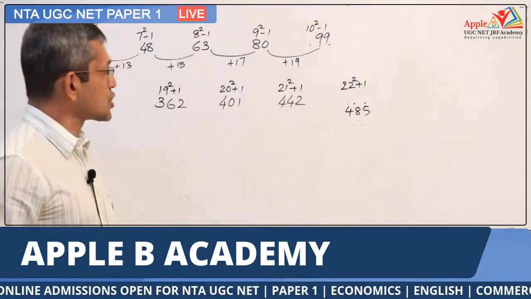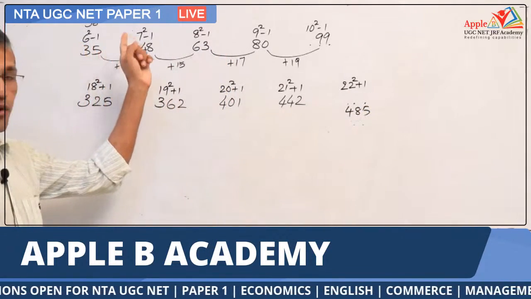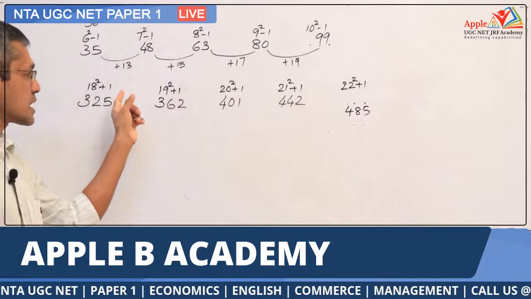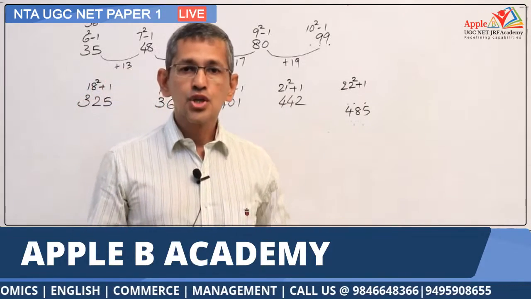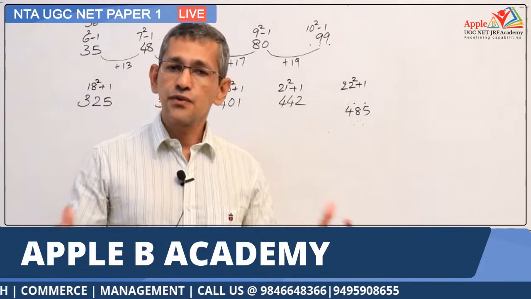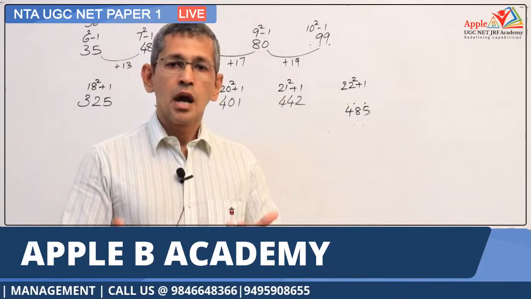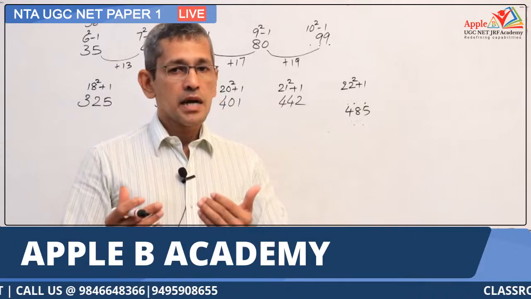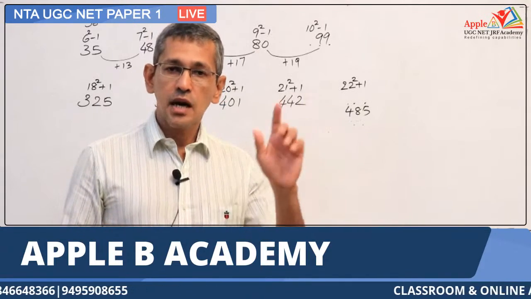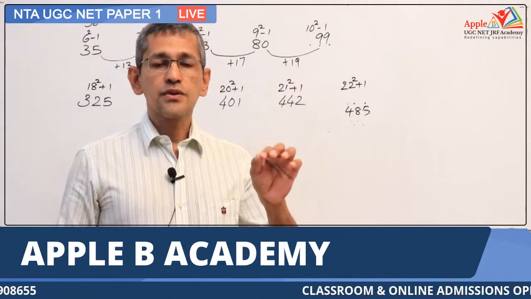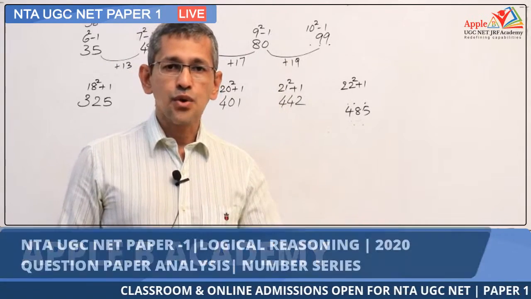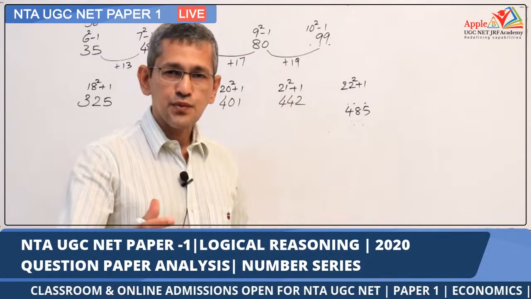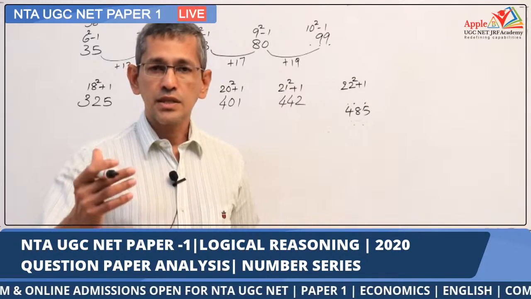See that? So the first one is a square pattern, square minus 1. Second one, it's a square plus 1. Sometimes it could be square plus 2, square plus 3, square plus 4, or it is square minus 1, minus 2, minus 3, minus 4 of natural numbers. Sometimes these would be the squares of odd numbers, so 3 square minus 1, 5 square minus 1, 7 square minus 1, 9 square minus 1.